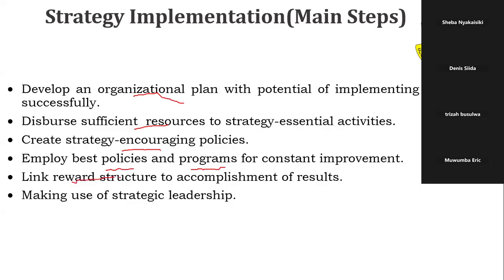Then the reward structure. Recognize anyone who achieves an objective because they have implemented, they have actually followed through. There must be strategic leadership. So we have members within the organization who lead the strategy.